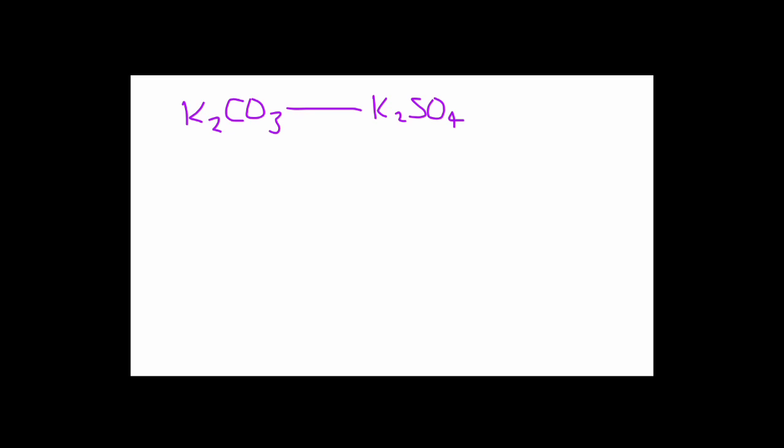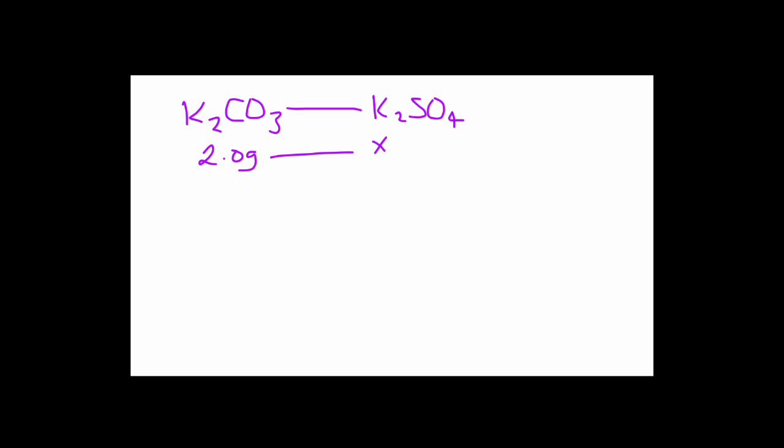Now, remember that the mass of potassium carbonate used was 2.0 grams. And we are looking for the mass of potassium sulfate. We'll put x. We are going to use what we have to get what we want. We have mass. Therefore, we are going to use mass ratio.